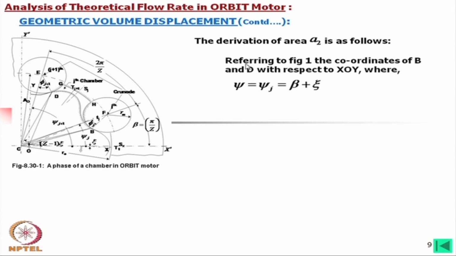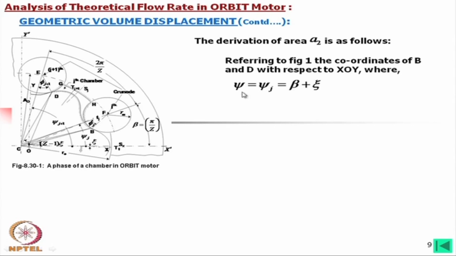Now, for this A2, the coordinates of B and D with respect to x or y, where this angle is with reference to the original generation of the profile, epitrochoids. You just look at this. This angle indicates the shaft rotation, whereas this angle is with respect to the original development of the profile.